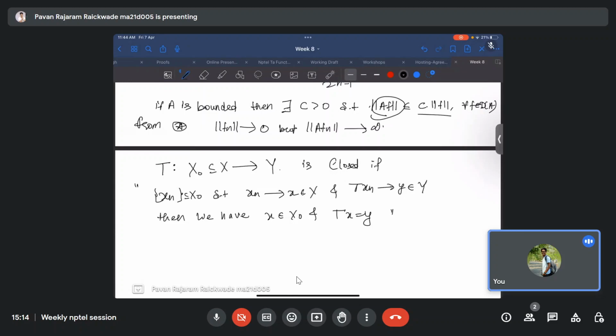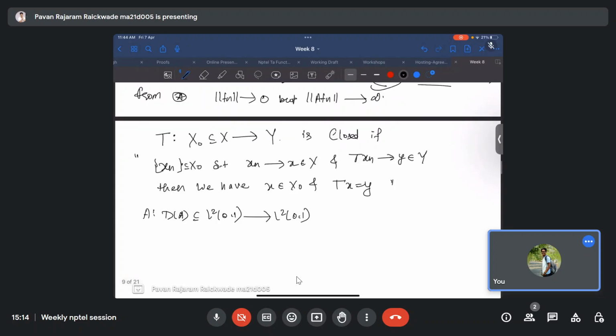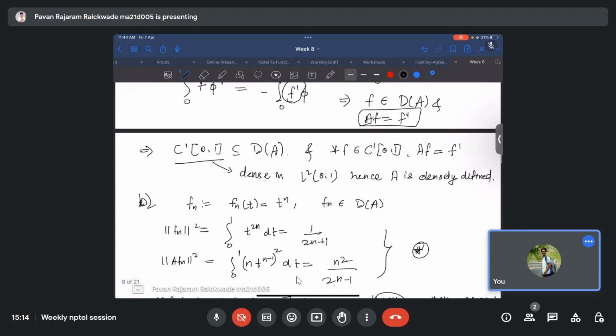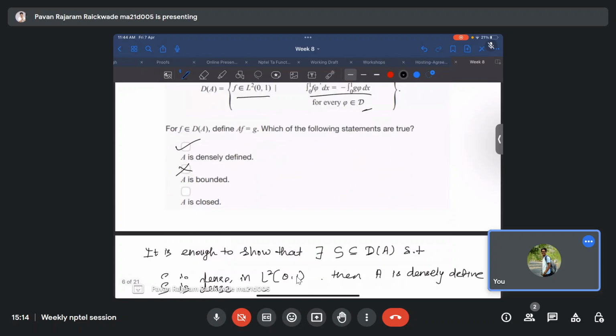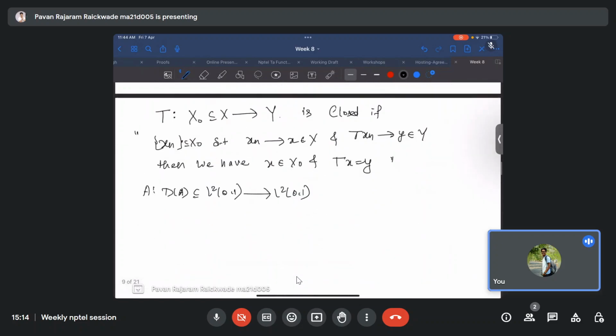So here our A is defined from the domain of A, which is a subset of L2(0,1), to again L2(0,1). Now we want to check whether A is a closed operator or not.